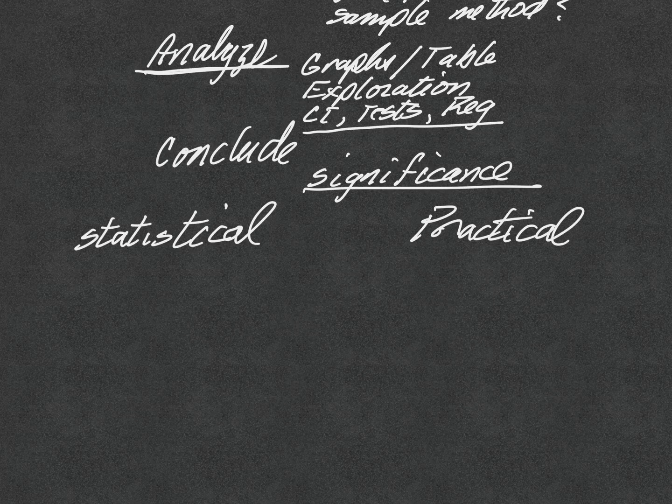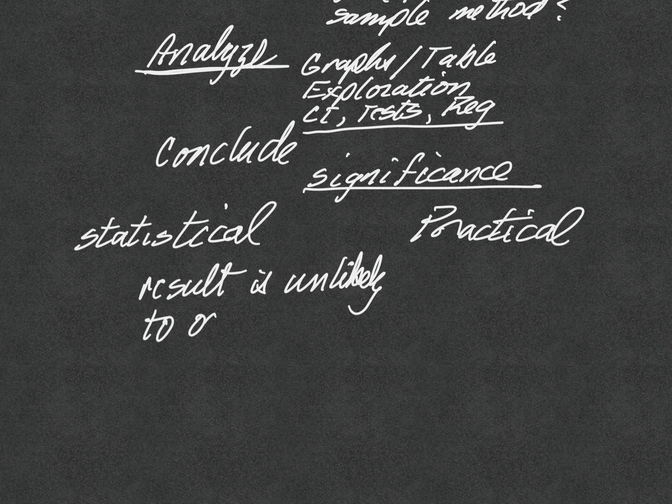And so statistical significance is when in a study you get a result, and the result is unlikely to occur by chance. In other words, whatever treatment you've done or whatever you're trying to study, that's caused what happened.